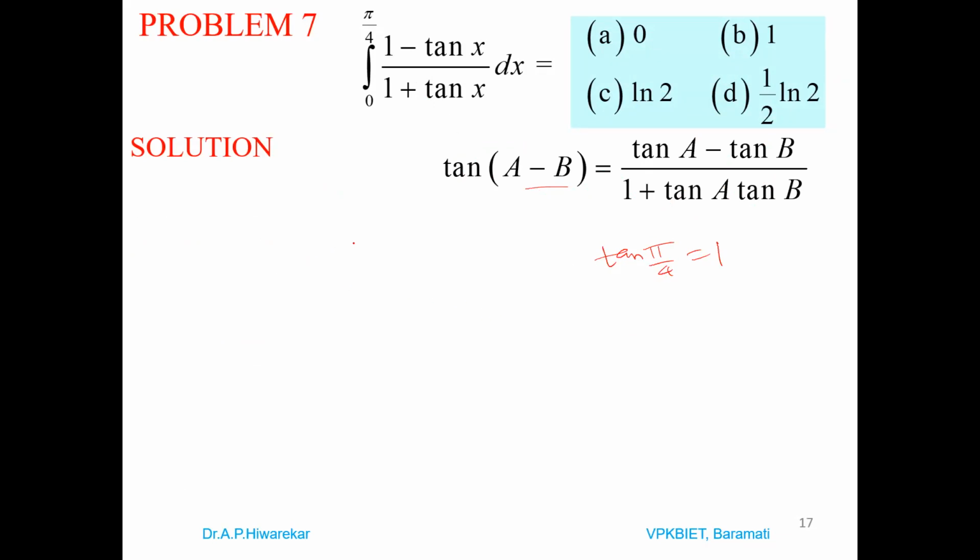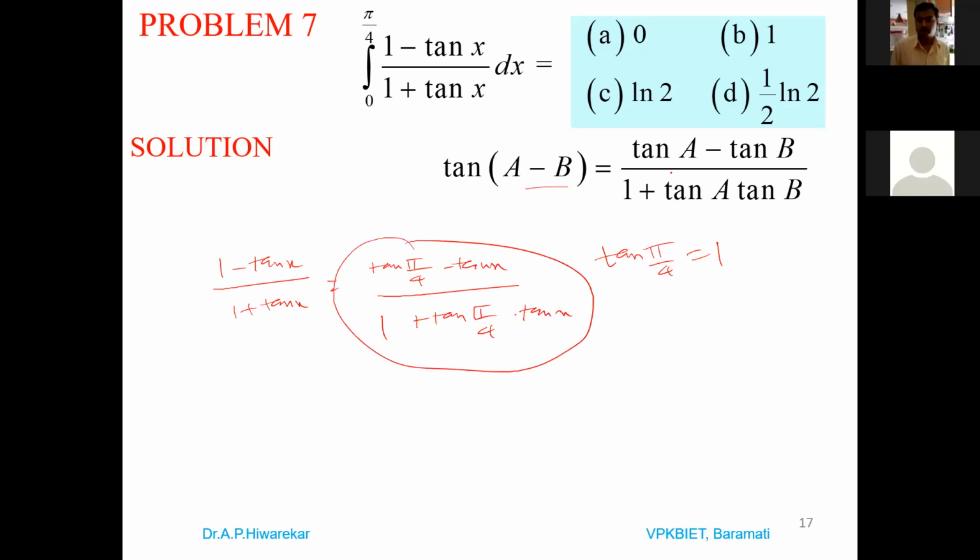The numerator is 1 minus tan x divided by 1 plus tan x, so it is tan pi by 4 minus tan x divided by 1 plus tan pi by 4 into tan x. And then you apply this formula.